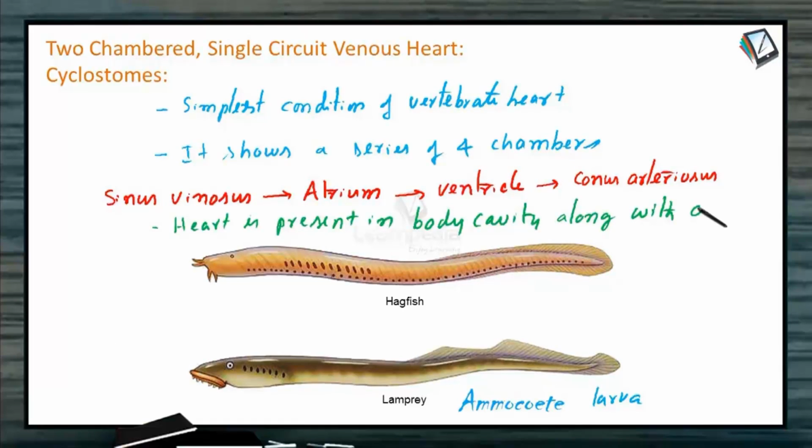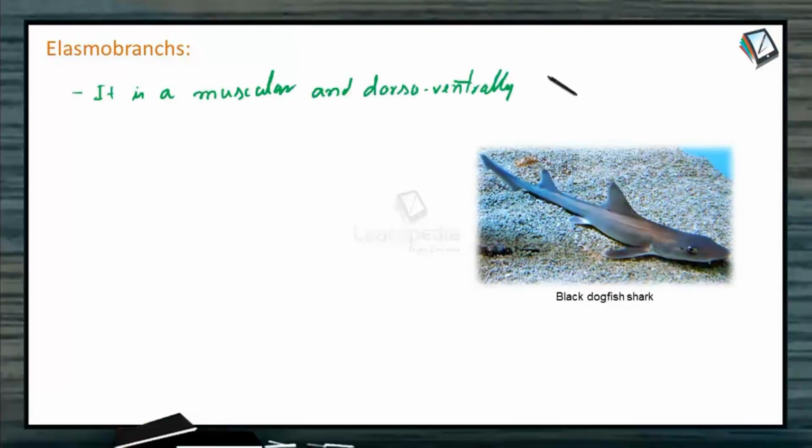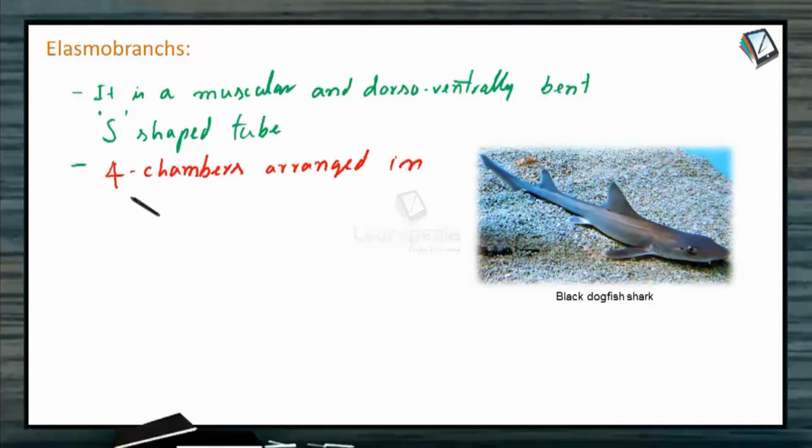Whereas in elasmobranchs, the heart of cartilaginous dogfish is typical and generalized for most of the fishes. Actually, it is a muscular and dorsoventrally bent S-shaped tube. It consists of four chambers which are arranged in linear sequence.